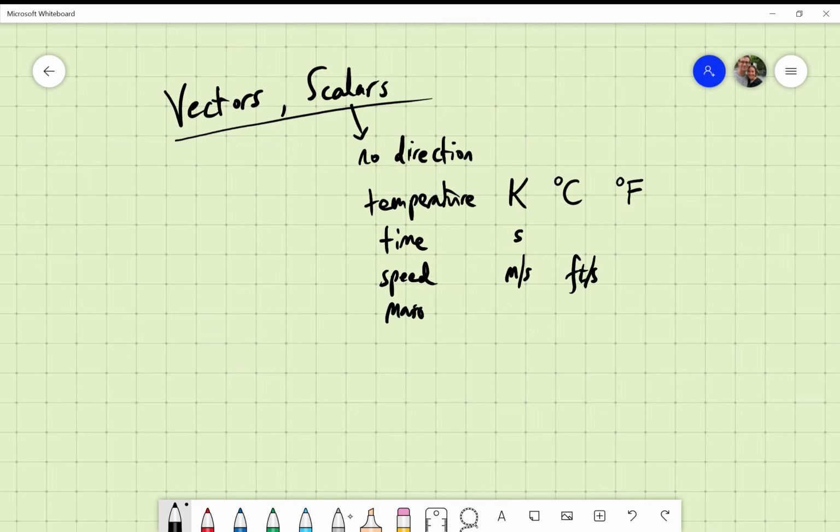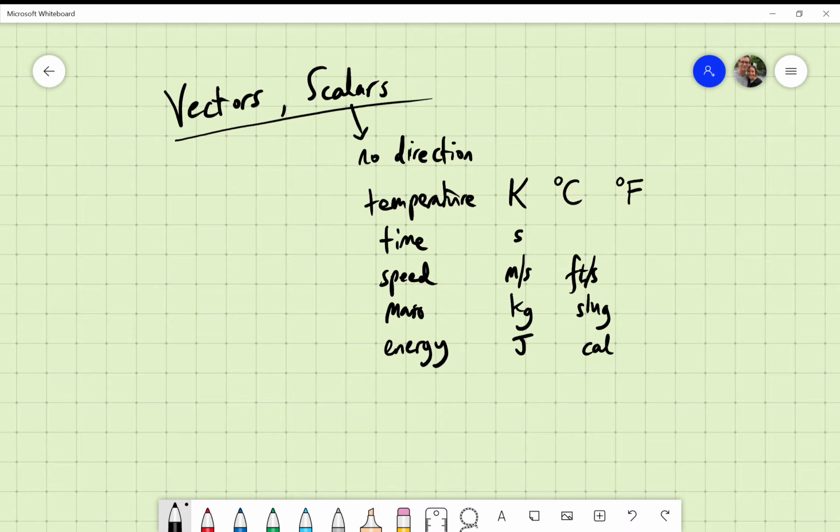Mass, we measure in kilograms, and technically in slugs in the US customary. More on that later. Energy is another one. Energy is measured in joules in the metric system and in calories in the US customary system. Now, none of these have direction, okay?